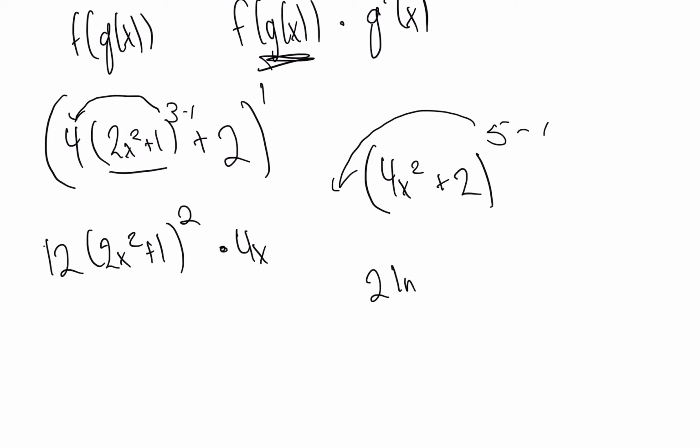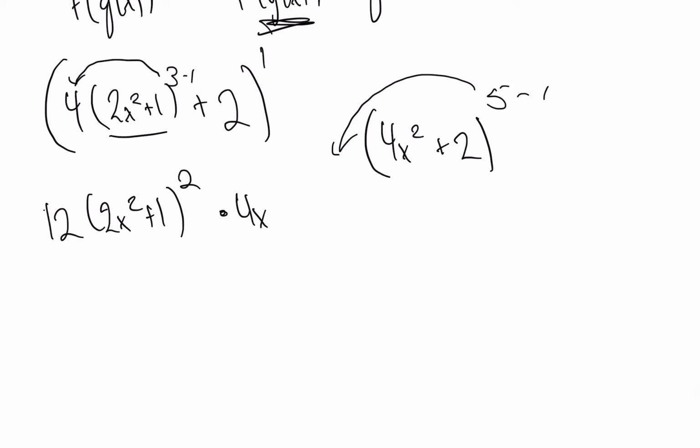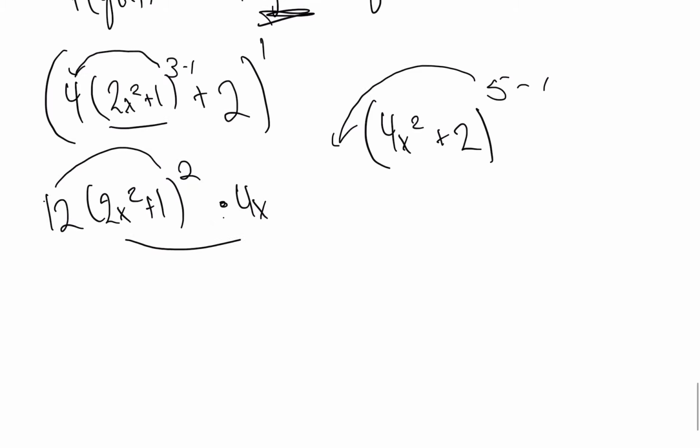Or actually, no, that wouldn't make sense, but you understand where I'm going with this. This is just really useful in your calculus journey because it follows you around everywhere, and you need to know this. I can't stress that enough. This is like a brick that you need to place for your calculus journey to be successful, and I hope it becomes successful. And why I like it is that it just seems very logical that you take the derivative of the outside, and then you multiply it by the derivative of the inside, right?